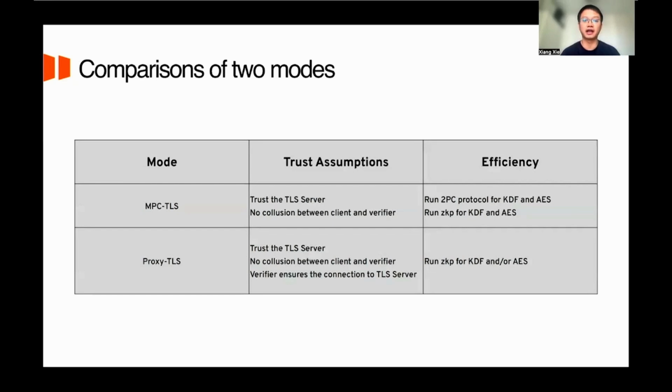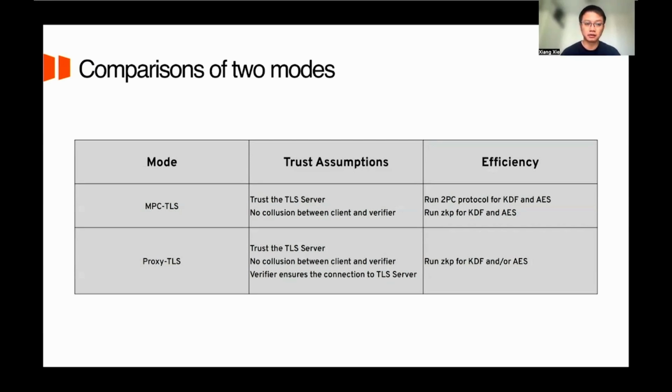Otherwise, the verifier can say anything the client provides. And one more trust assumption of this proxy TLS protocol is that the verifier has to make sure that he is actually connecting to the correct TLS server. Otherwise, a malicious client can sit between the verifier and the TLS server to conduct a man-in-the-middle attack.